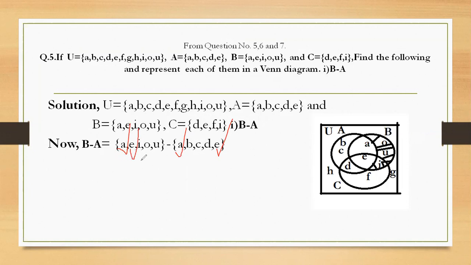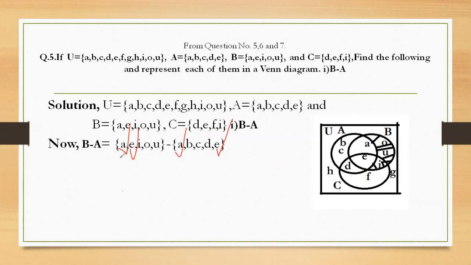I, O, U. Very good. Remaining of B are I, O, U. That's why the answer will be the remaining elements of B only. Don't write the remaining elements of set A. Write the remaining elements of set B.